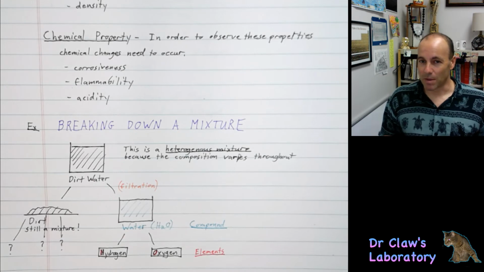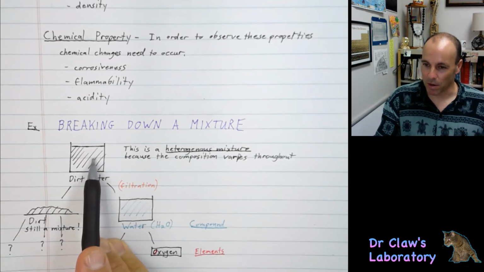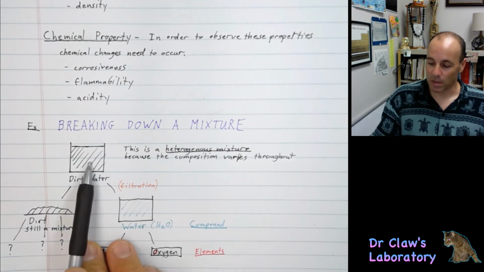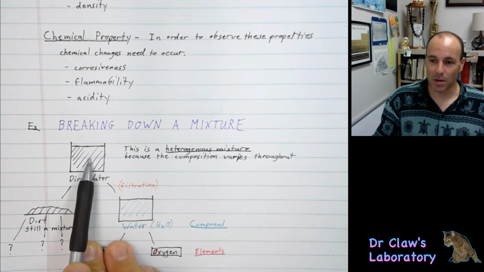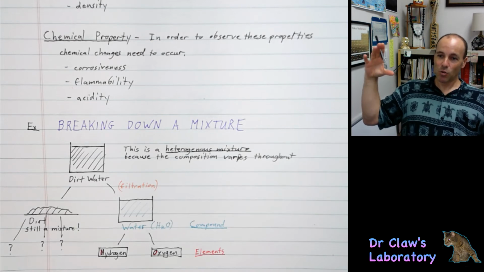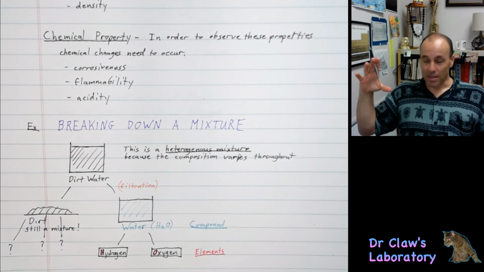Not according to a chemist, because I can take out a magnifying glass and I can see one of those dirt particles. Even if you can't see it with your naked eye, with a magnifying glass, I can see it. And if I can see it with a magnifying glass, that means on the molecular scale, there are billions and billions and billions of dirt particles to make up that tiny little dirt speck. That's a humongous clump of dirt on the atomic scale.